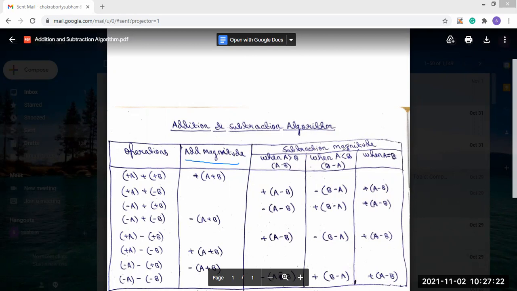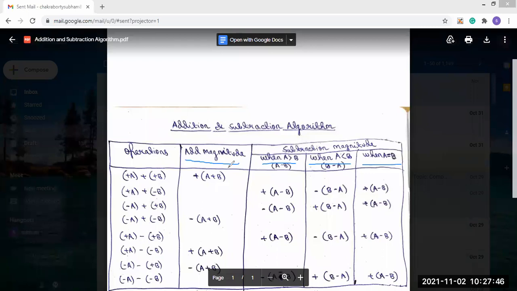But for subtraction magnitude, there may be the conditions that A is greater than B, or A is less than B, or A is equal to B. These three conditions are present. But for addition, there is no such condition. We only add the two numbers.